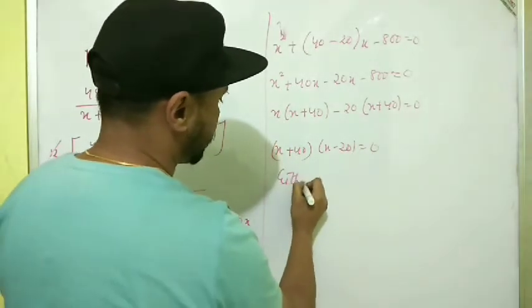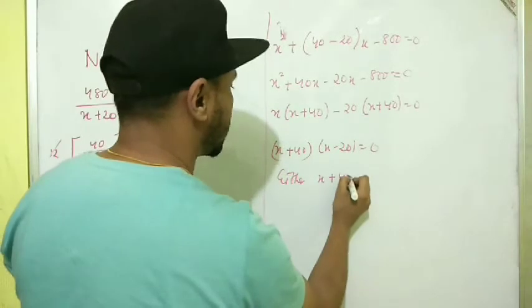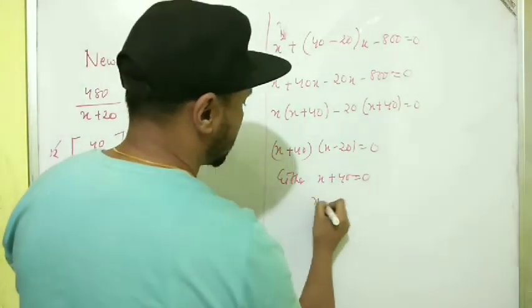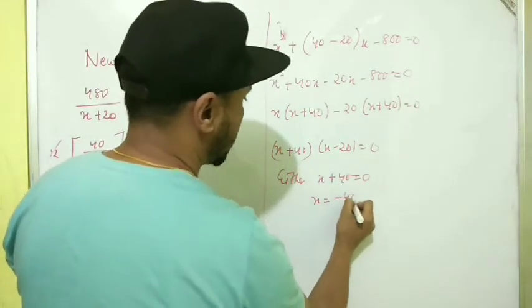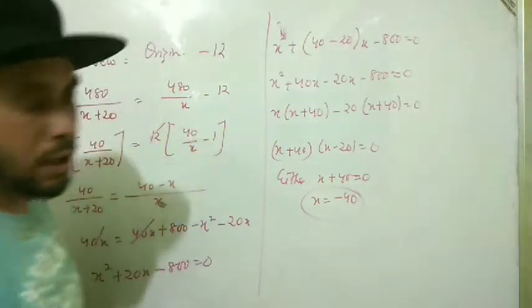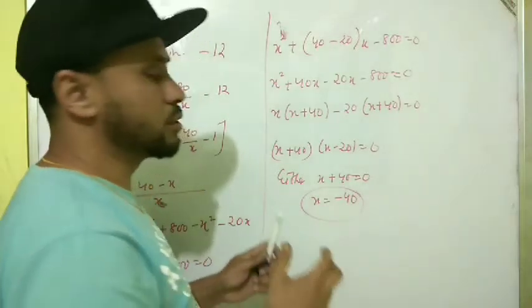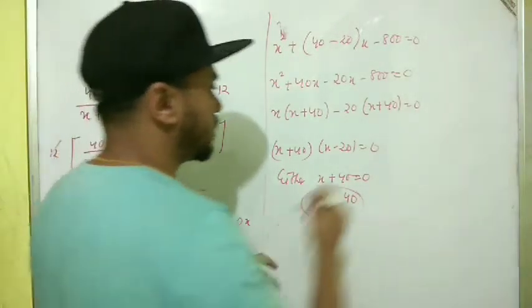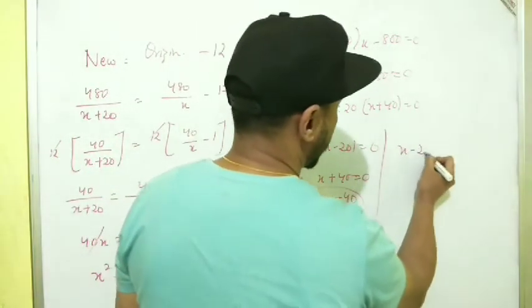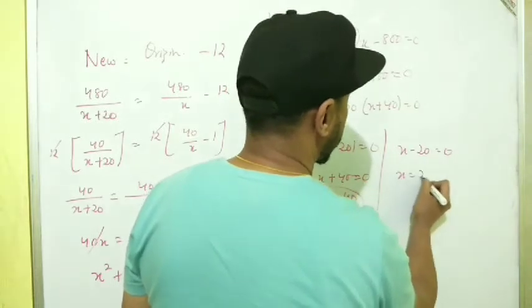Either x plus 40 is equal to 0, x equals minus 40. Now neglecting the negative value, because what we are finding is the number of children, and when you count something it won't be negative. So x minus 20 is equal to 0, so x is equal to 20.